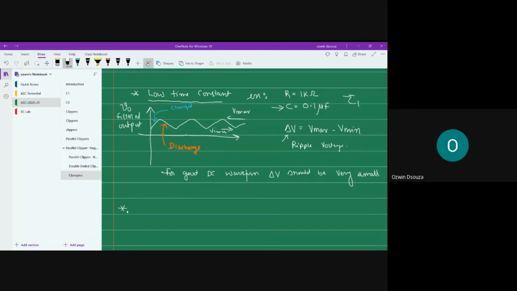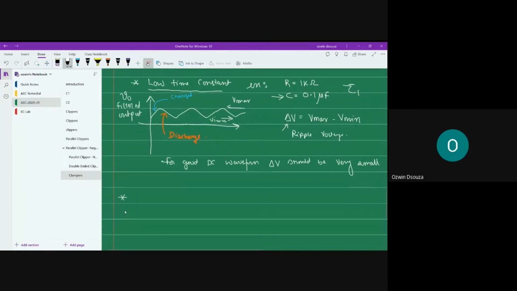Now let us see what will happen if you were to select a high time constant. Let's say tau 2. In the previous case, let us take it as tau 1. For example, let's fix R value at 1 kilo ohm only.